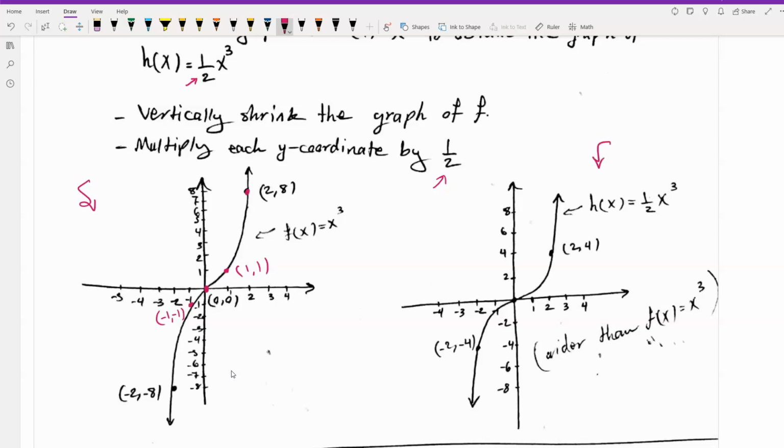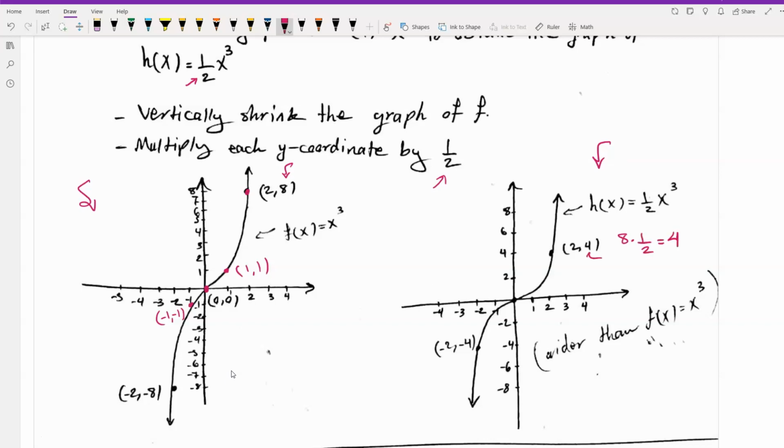Now graphing what we have for h of x, which is equal to 1 over 2 times x cubed. Multiply each y coordinate by 1 over 2. The y coordinate we have here on this part is 8, so 8 times 1 over 2 is equal to 4.